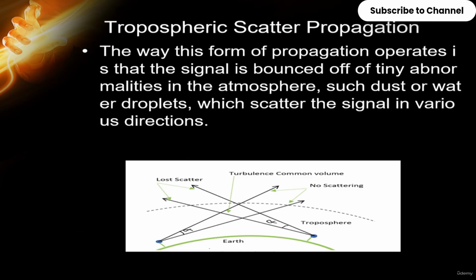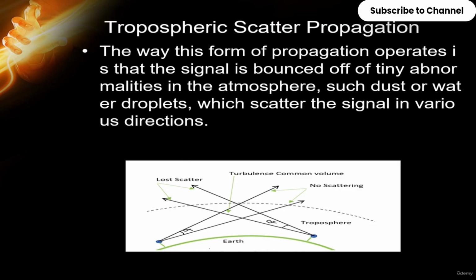So in wireless communication, there are various radio wave propagation modes in the troposphere, especially in tropospheric transmission, used for longest distance communication, or to communicate without obstructions above the earth's surface.